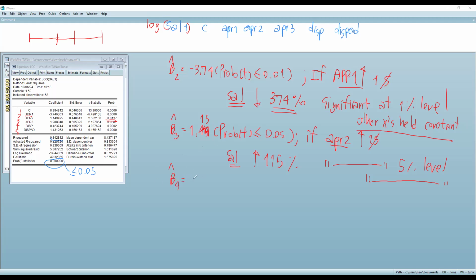So the probability is significant at 5%. Yes. Good. Does this make sense or not?